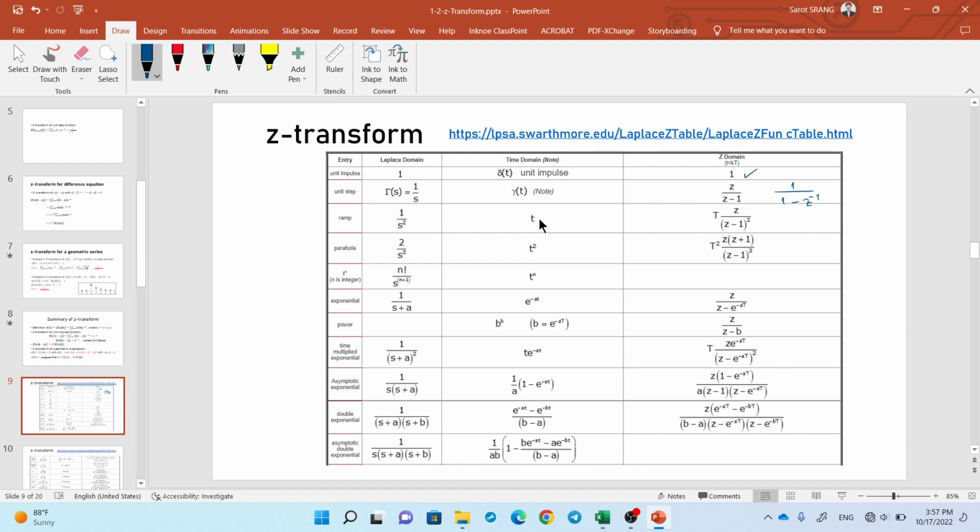And for the ramp in the time domain t, it's like this. Yeah, for the ramp you have a curve like this, right? It's 45 degrees, yeah, 45 degrees if the scale is the same for time and this function.